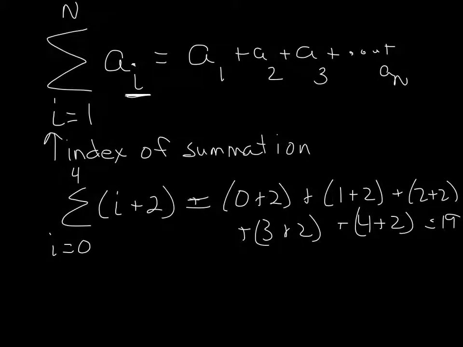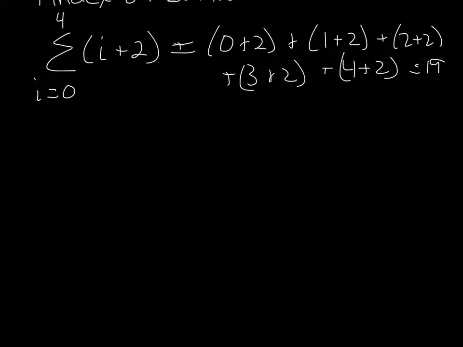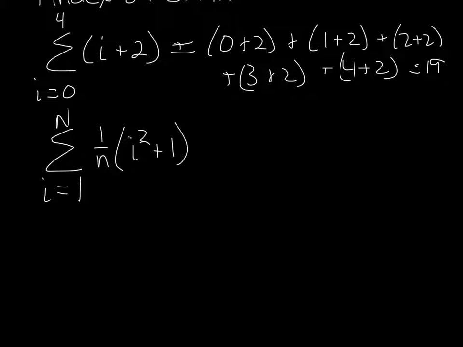If we go back to one that has an n on top, let's say that we had 1 over n times i squared plus 1. Well, I can't really add all that up because I don't know what n is.